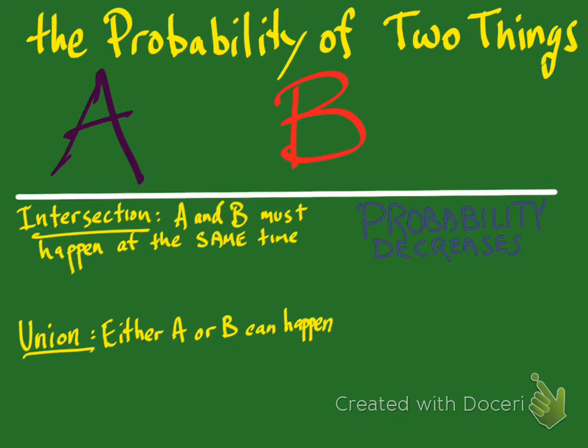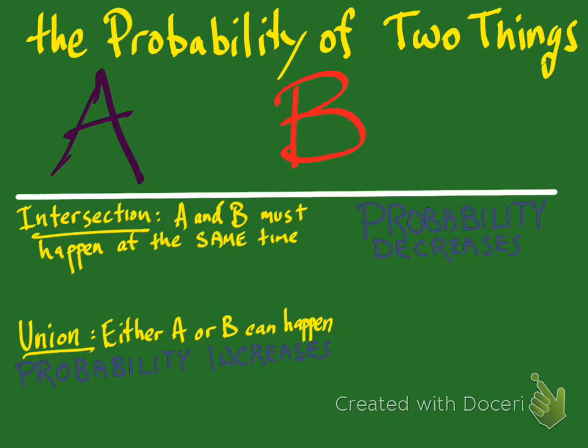So an A and B situation, an intersection, is always a decrease in probability. On the other hand, for a union, where either A or B could happen, my probability is going up, because I'm happy if A wins, I'm happy if B wins, they're both good, my chances are now improved. So a union increases probability while an intersection decreases probability.